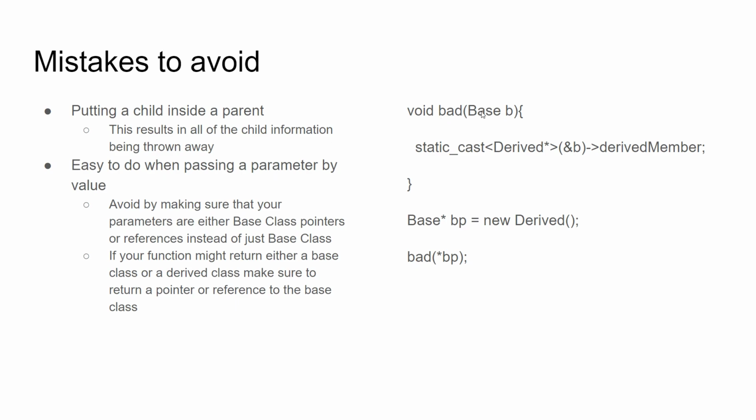So over here I had this bad example that takes in a base B. Notice it's an instance of a B. And I attempt to pass in star BP, where BP is a derived instance of that class. So now what happens when I pass this in is it's going to delete whatever the child stuff is as it gets passed into the parent object, because the parent can't fit the child stuff. So the child stuff gets lopped off.